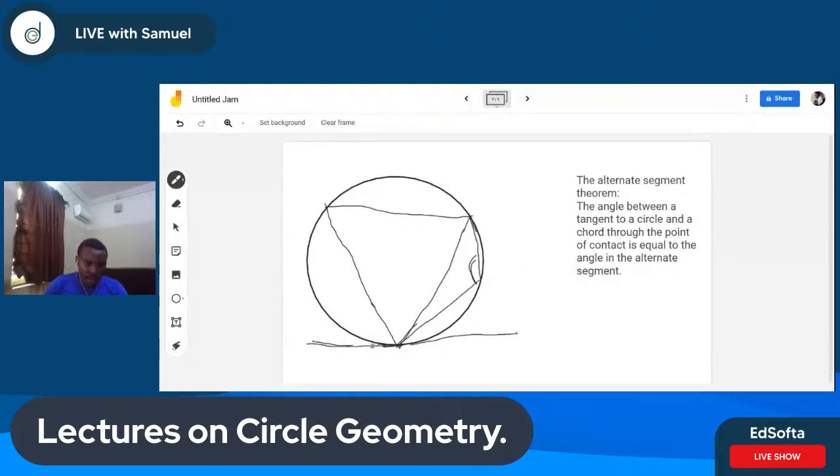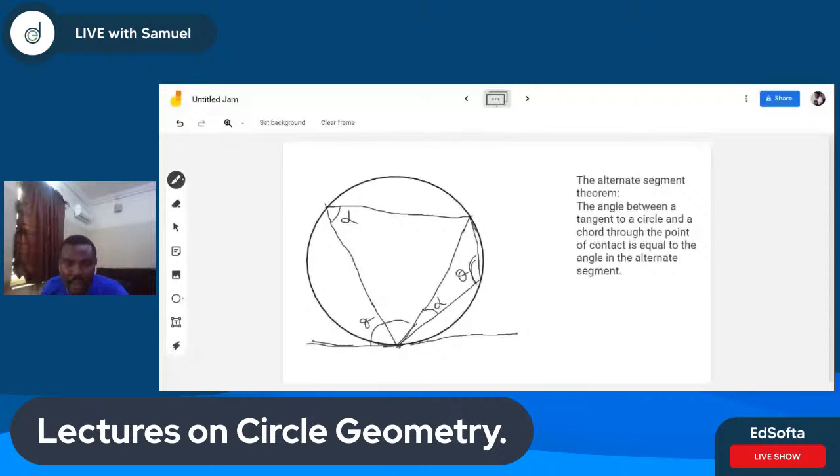So if this is theta, it means that this is also theta. And if this is alpha, it means that this is also alpha. This is the alternate segment theorem.